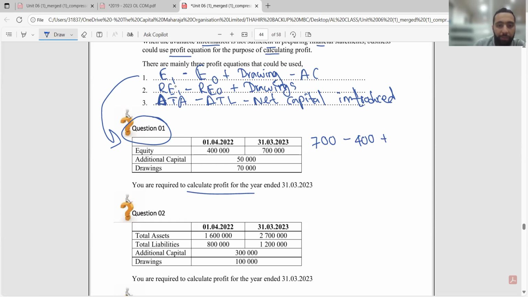If you use this formula, what do you have to add?